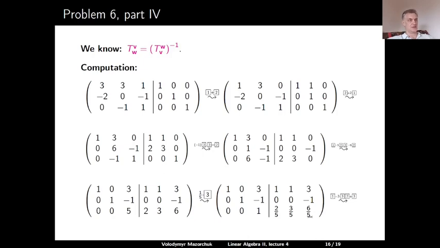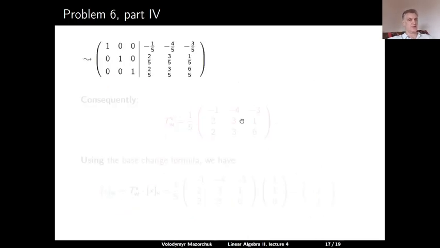So 15 minus 18, it's minus 3 divided by 5. So the first row is minus 1 divided by 5, minus 4 divided by 5, minus 3 divided by 5 here.